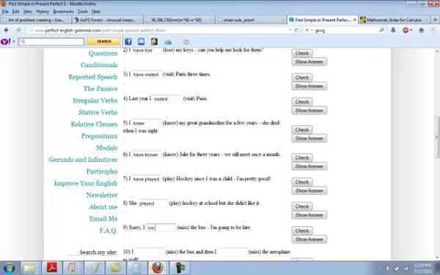Why I've missed the bus? I'm going to be late. It's connected to the present.